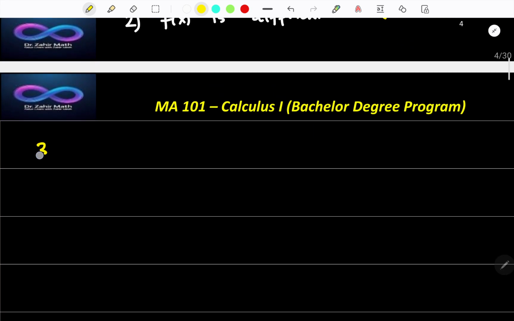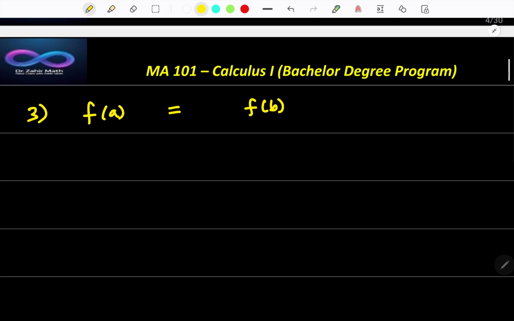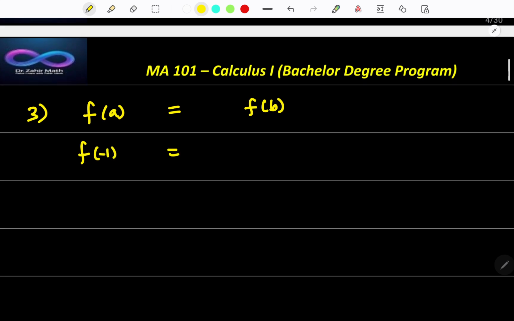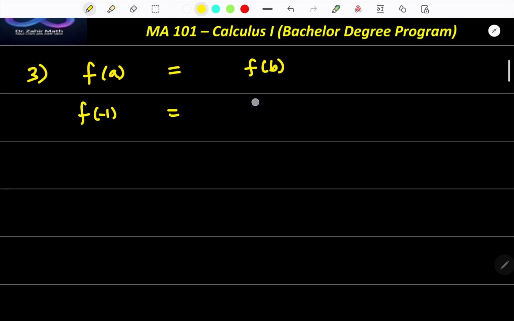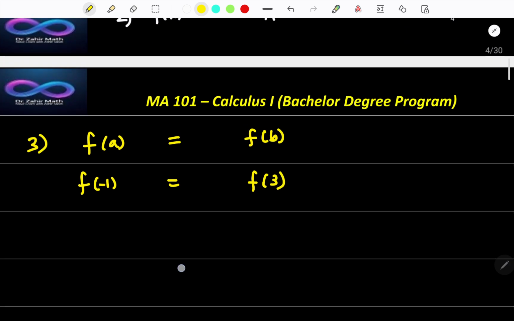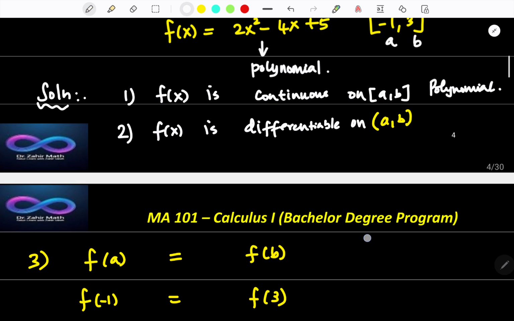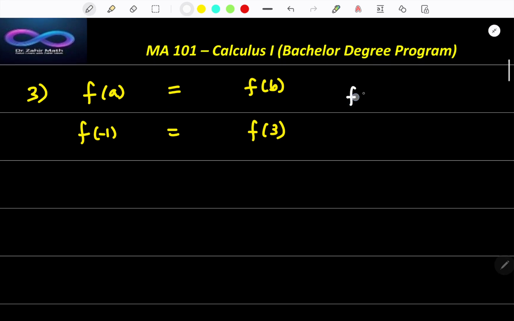The third point is f of a is equal to f of b. What is your point a? Minus 1. F of minus 1. What is your point b? F of 3, right? What do you mean by f of minus 1? We are going to put it in x, in f of x, right? So what is your f of x, which is 2x square minus 4x plus 5, right?